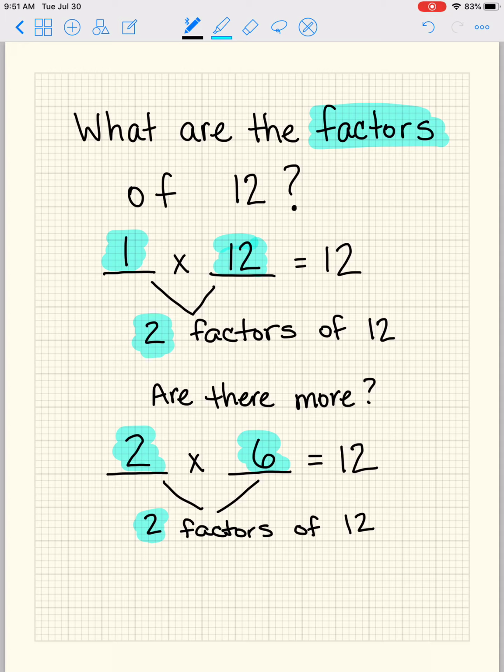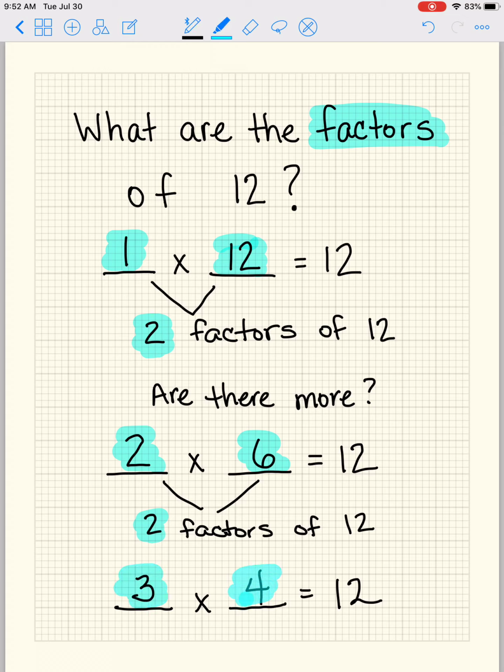But I feel confident that there's one more pair of factors for 12. So I'm going to say, well, what times what equals 12? Well, I'm just really good at my 3's, and I know that 3 times 4 equals 12.